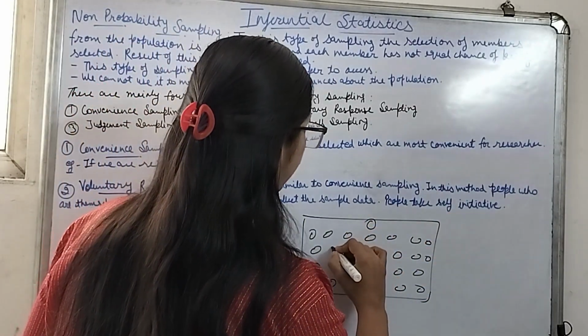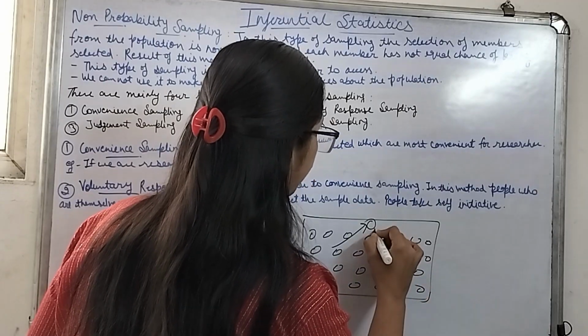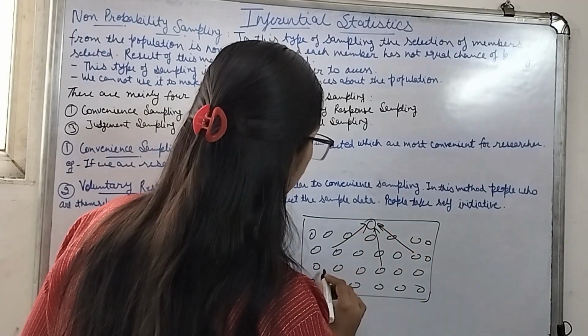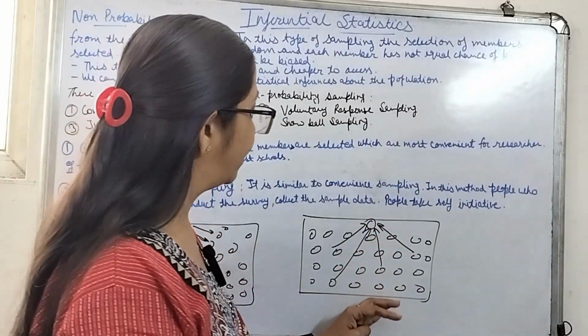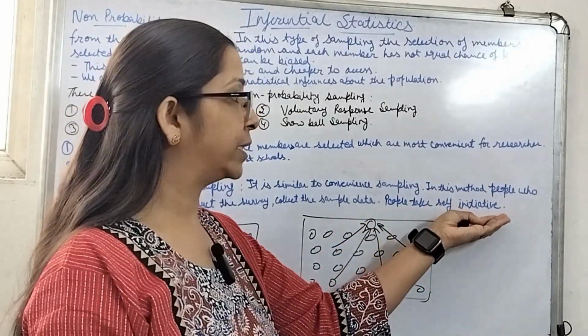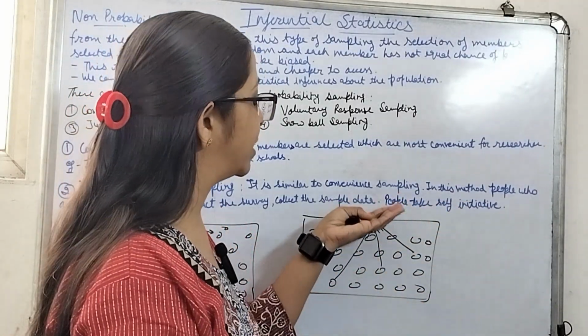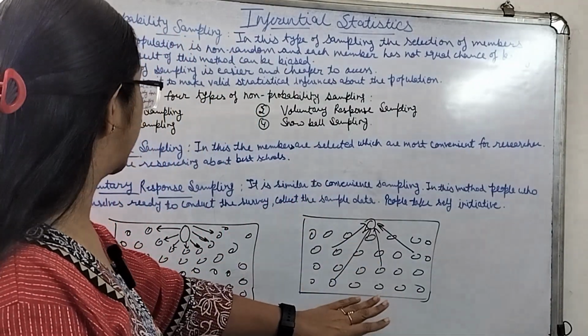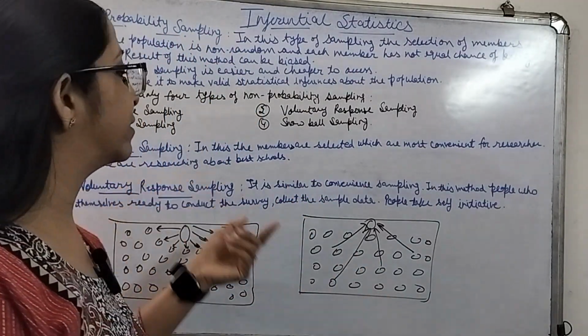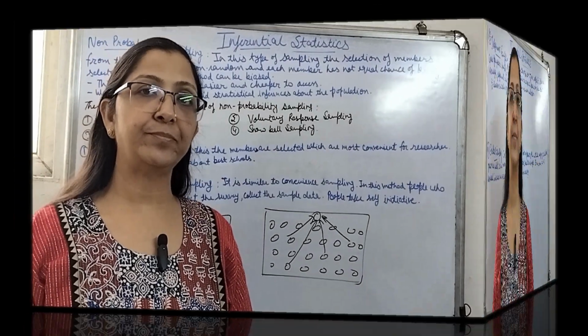Now people themselves are approaching the researcher, saying that we are ready to survey. So the people are taking self initiative. They themselves approach the researcher that they are ready to survey. This type of sampling is voluntary response sampling.